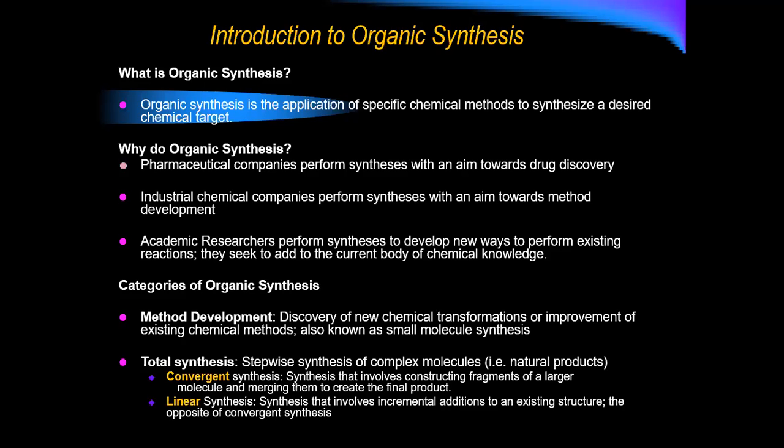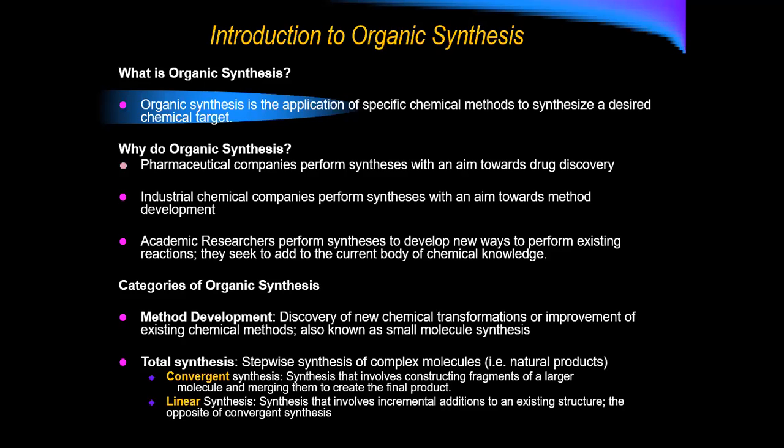The other way is total synthesis, and that is taking complex molecules that already exist and developing a stepwise synthesis to get to them. Now, that word stepwise is not the same as a stepwise mechanism. This is using multiple steps where one step towards a product might be 10 reactions in a sequence. And then that'll give you one fragment, and then you build up another fragment, and so on and so forth.